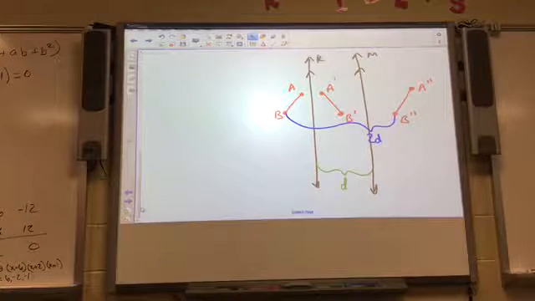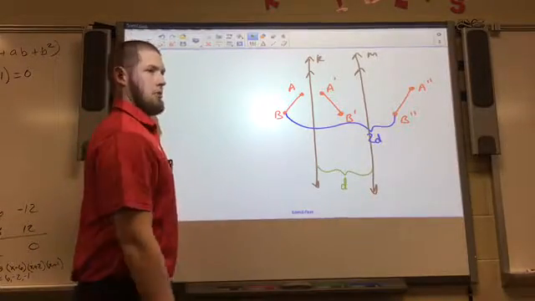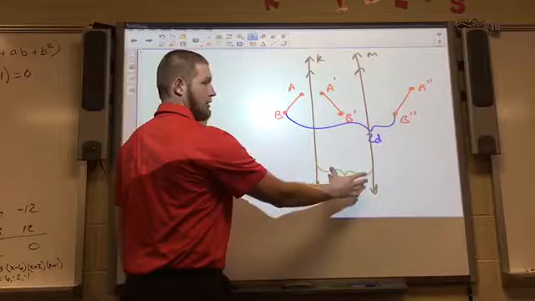Which would be the same as from A to A double prime, right? Does that make sense, everybody? Very similar to our last theorem, right? Except this time instead of the angle doubling, your distance doubles. Remember, this only works when your lines are parallel.